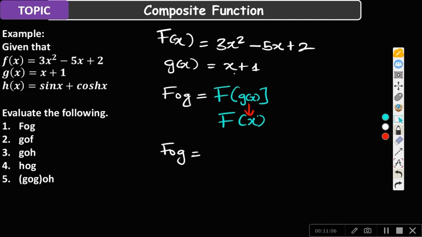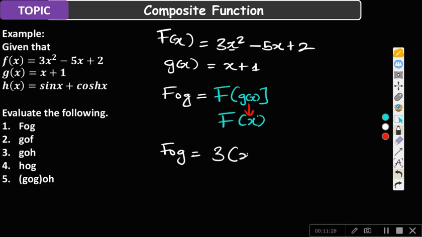So what we are going to do is write this. First of all, 3. Then in place of this x, what you are going to put is x plus 1. That is the meaning of this expression.